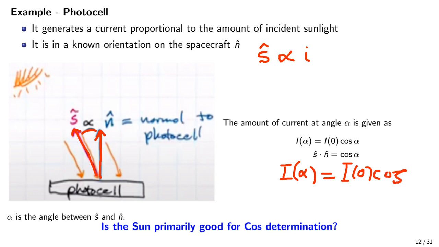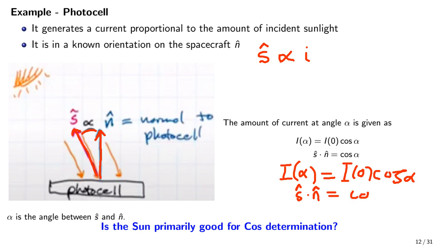Year one trigonometric mathematics. And then you can have your S dot, this is a dot product, your inertial vector or measurement, equal to cos alpha.